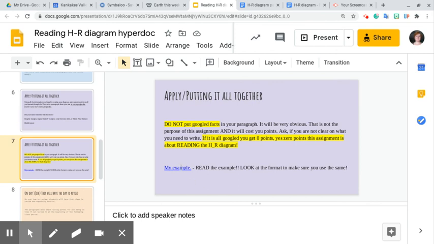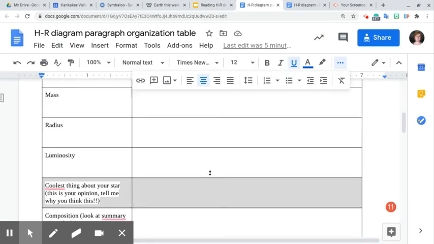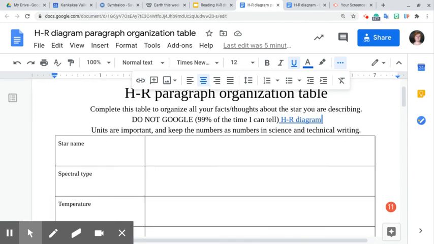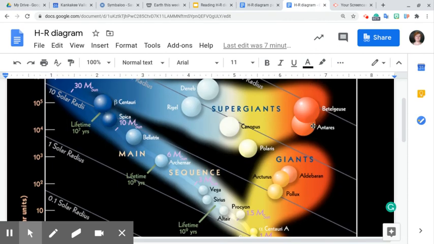And that shows you how I took just that little bit of information here and wrote at least a 200 word paragraph with it.